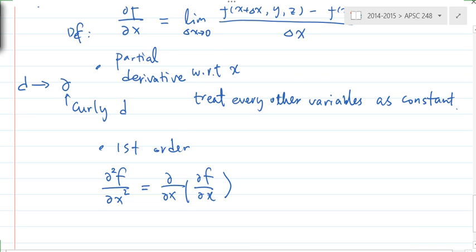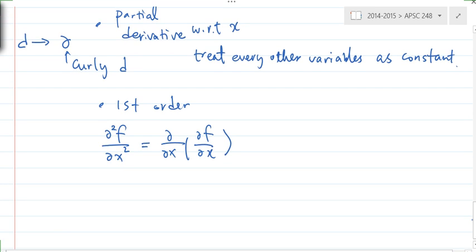Often this is where things can get pretty ugly, especially when you have a long expression with all these curl things going around. You will probably see slightly different notation in my lecture notes. Sometimes I also write this as fxx. Same thing. Sometimes, though this is kind of rare, this could also mean this.